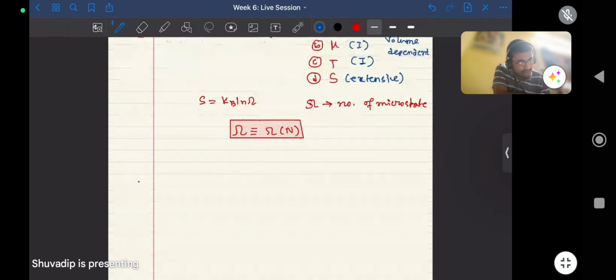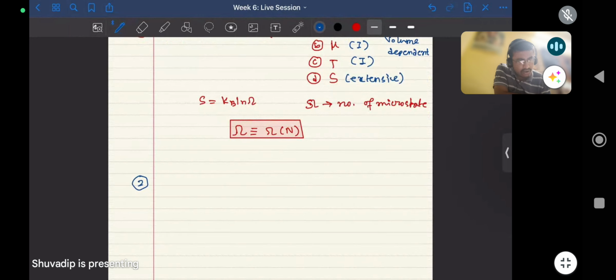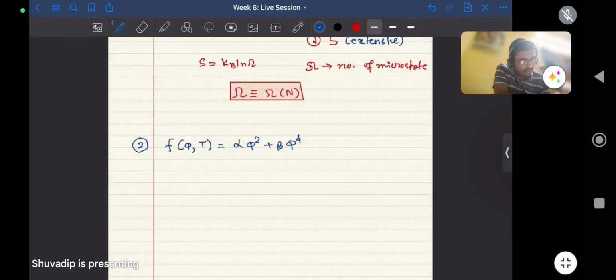So yeah, the next question: if you have a free energy function f of phi given by alpha phi squared plus beta phi to the power 4, what is the condition on alpha and beta so that it always shows phase separation?